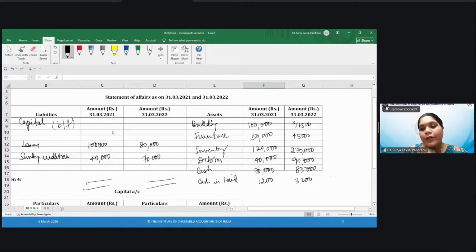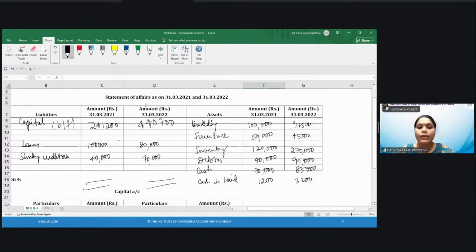Whatever is the balancing figure will be your capital balance. 22 it is 440,700. Then this is the 21 figure, correct? 21 it is not correct. 21 it is how much? 241,200. Okay, got it. Done.